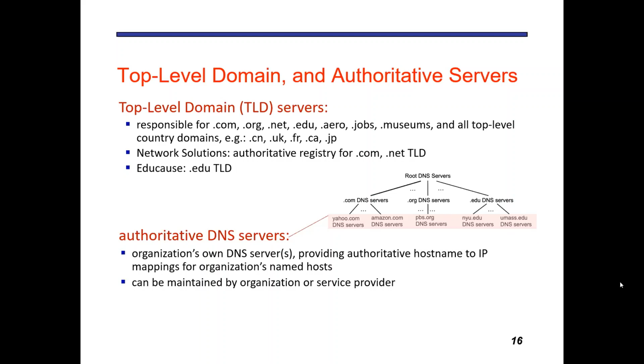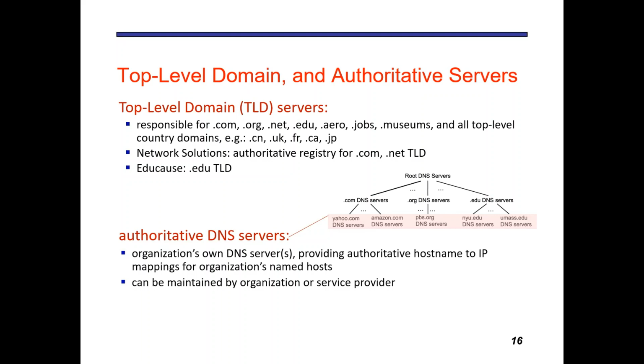All right, so as I already mentioned, on the top we have root name servers, then we have TLDs, then we have authoritative name servers. The TLDs are responsible for .com, .org, .jobs, .museums, .uk, .ca, .jp, etc. And the authoritative name servers belong to organizations like Yahoo.